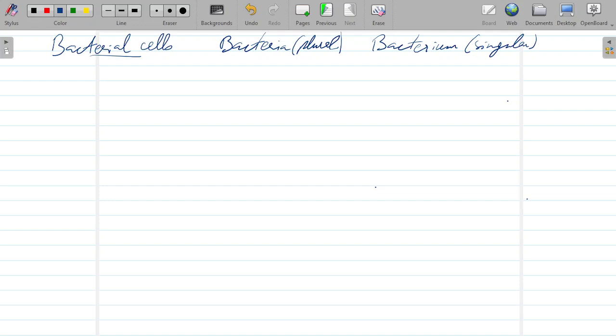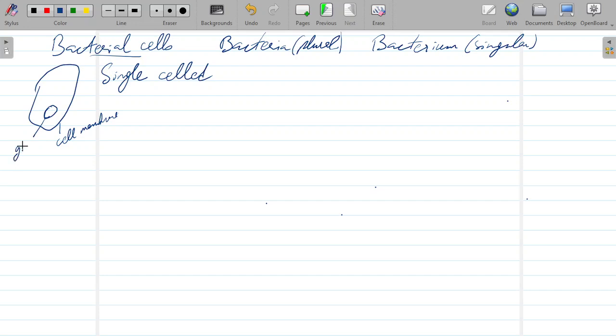Unlike animals and plants, which are huge creatures, bacteria are single celled. They have a cell membrane. They don't even have a proper nucleus, so I'm writing genetic material, because they don't have a proper nucleus.